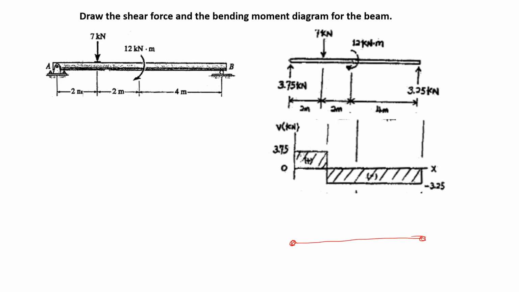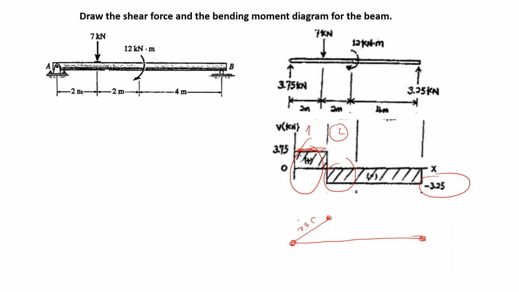0 on both supports. As you see, in this region, your slope is equal to V, which is plus 375. The slope is 375. You reach this point, and after this point, in region 2, the slope suddenly becomes minus 325.